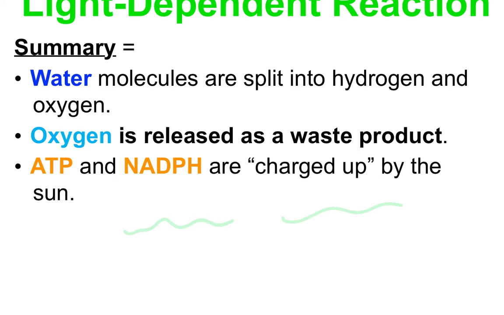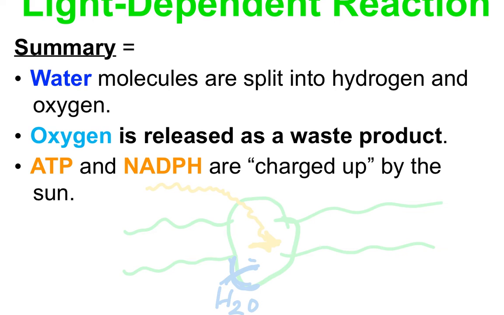Okay, so essentially we have our cell membrane, and there's a chloroplast, we'll just say sitting right here. Sunlight comes down like this and strikes this chloroplast. There's water inside of the cell, and it's bumping up against right here.